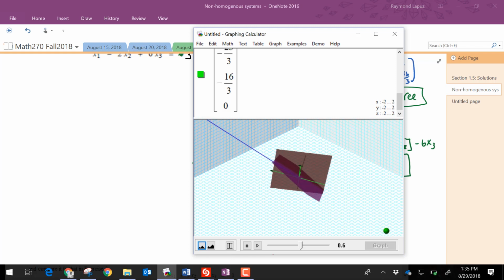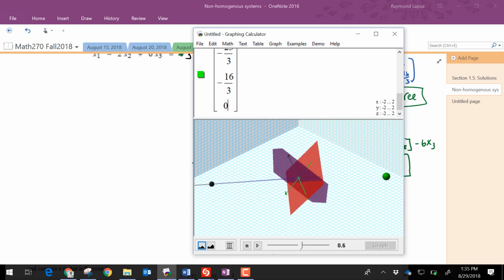Where is it? What's 23 over 3? Oh, there it goes. It's on the other side. But it doesn't pass through right there. Remember the black dot would be the points that would go to our homogeneous system, right? And it doesn't pass through.